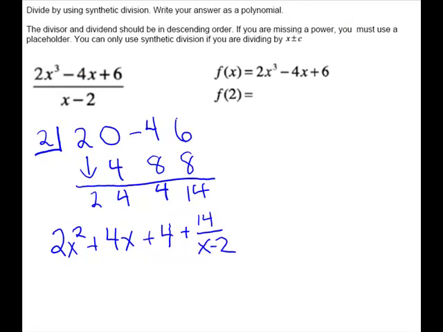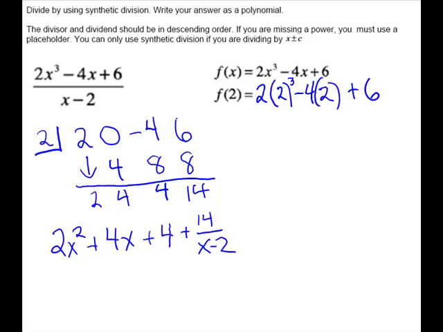The next problem gives us a polynomial, and notice this is the same as your dividend, and it asks us to evaluate f of 2. So a couple ways you can do that. One is you can plug the 2 in. So we can plug the 2 into all our variables, use order of operations, and work it out.